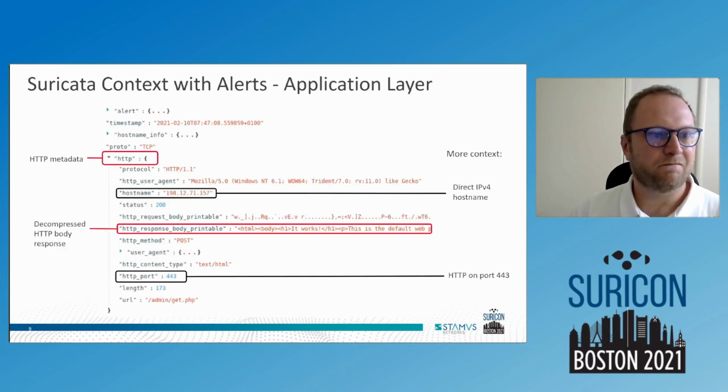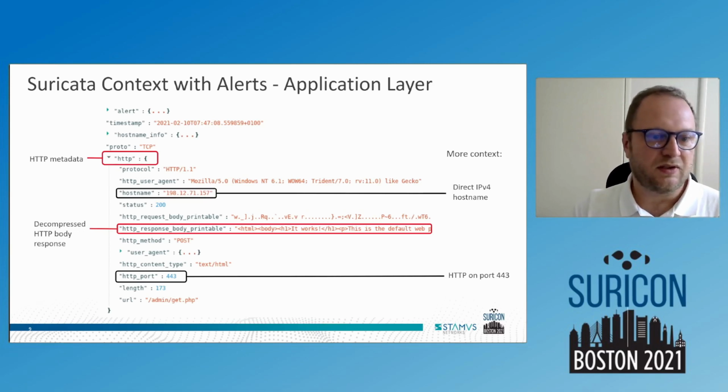So, with regard to the application layer metadata inside the alert, here is a good example. We've got an alert which is on HTTP. As you can see, we also have the HTTP response body printable available.